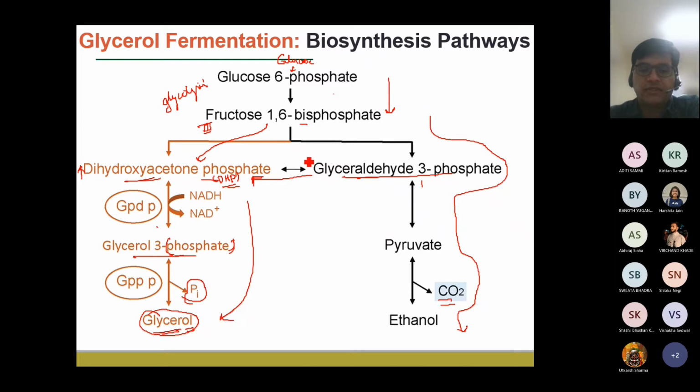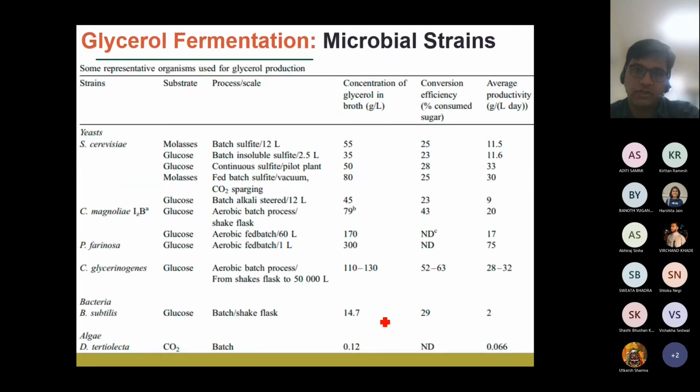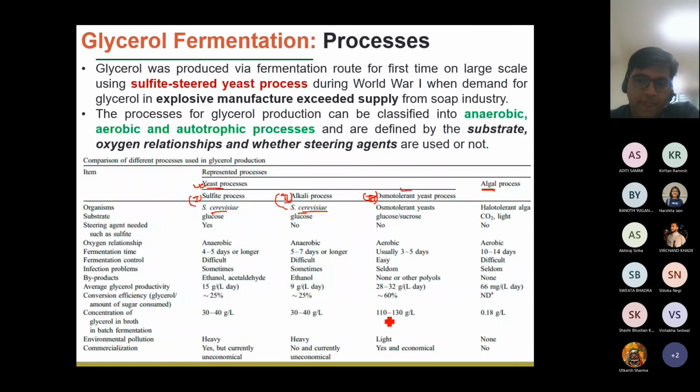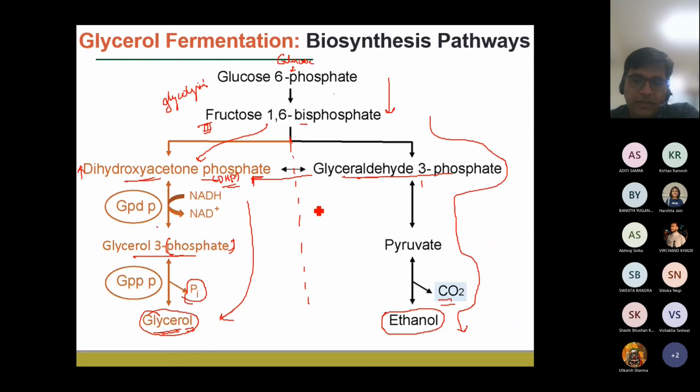But one thing to look into is that the production of glycerol and ethanol actually go hand in hand, and generally some quantity of ethanol is also produced during the fermentation of glycerol. Now we have looked into this biochemical pathway.